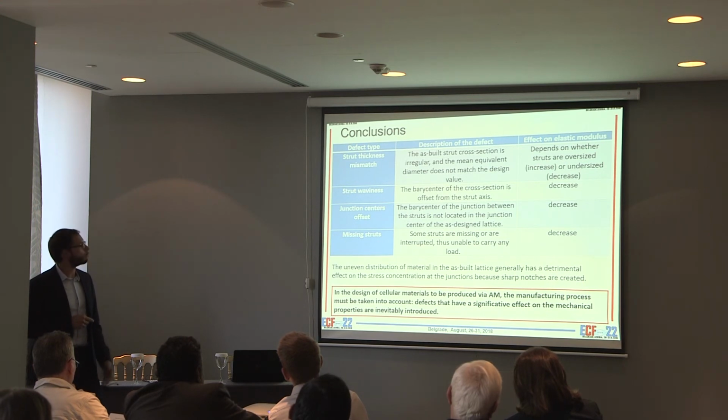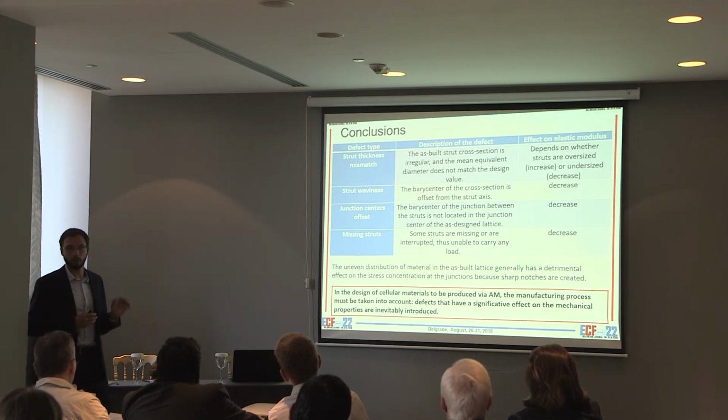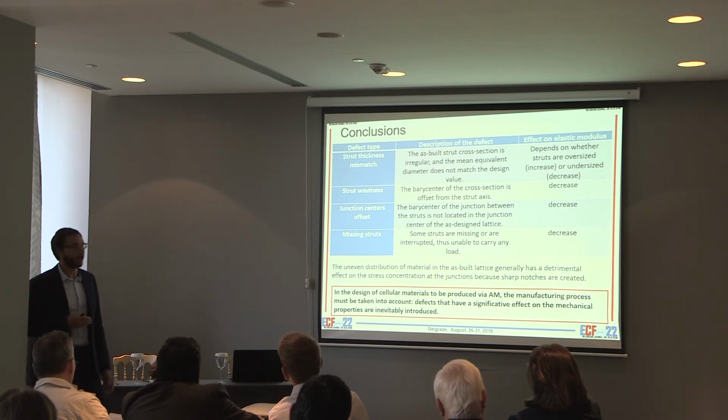So, in practice, this means that maybe it is wise to, if I want a specific property from my lattice, modify the CAD and make, in this case, for example, slightly thinner struts in order to get the final result which matches the properties I desire.